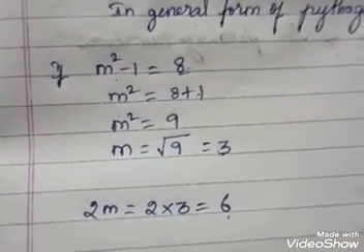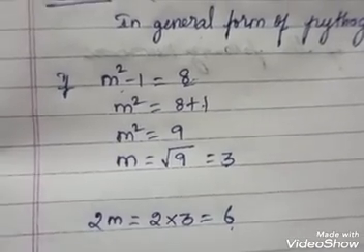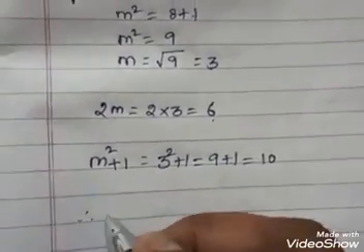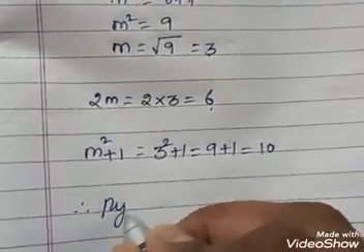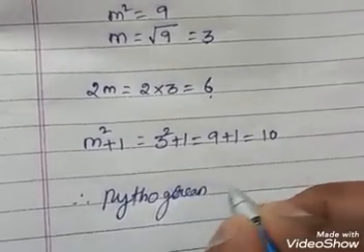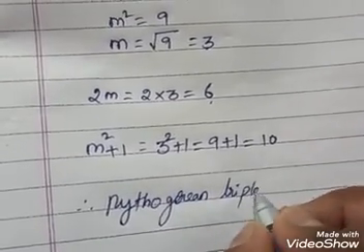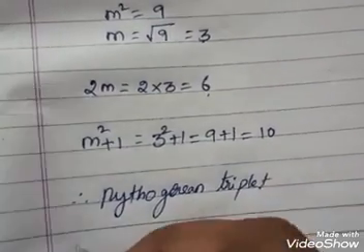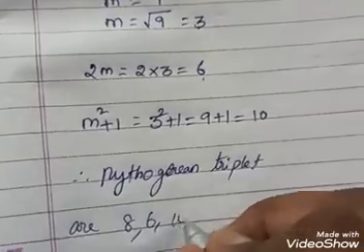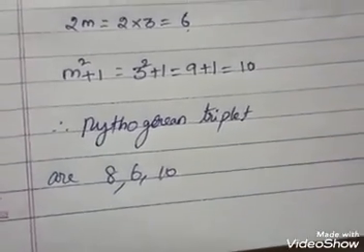So now you get the Pythagorean triplet. Therefore the Pythagorean triplet is 8, 6, 10.